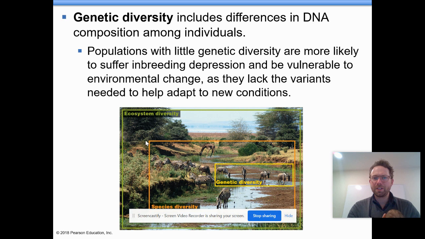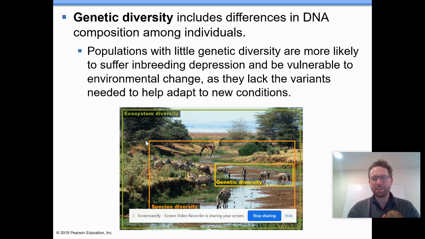Genetic diversity is the diversity of DNA within individuals. And the more genetic diversity you have, the less chance of what we call inbreeding depression, which is what we see in populations of cheetahs and Florida panthers and large cats. Because they're spread out so much and their territory is so large, there often is a chance of not interacting with as many other panthers and cheetahs that would increase the variety of DNA.